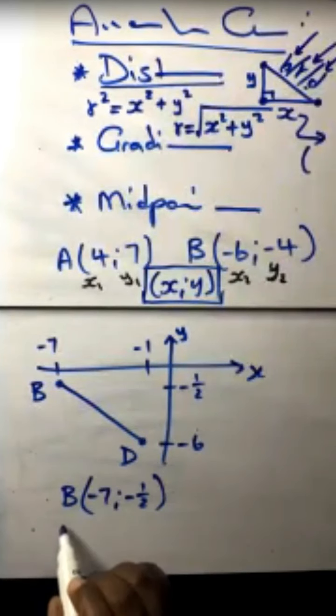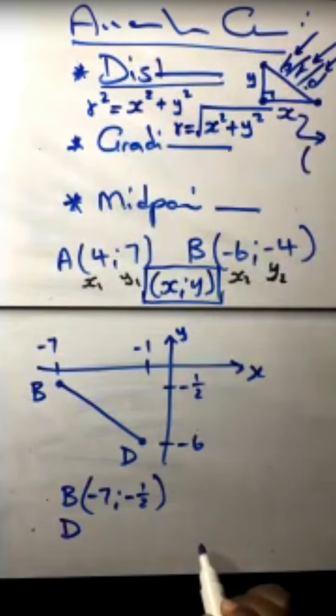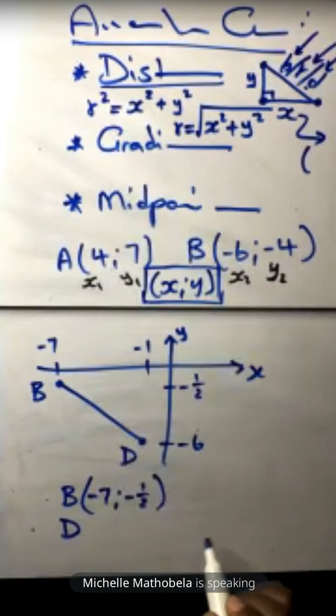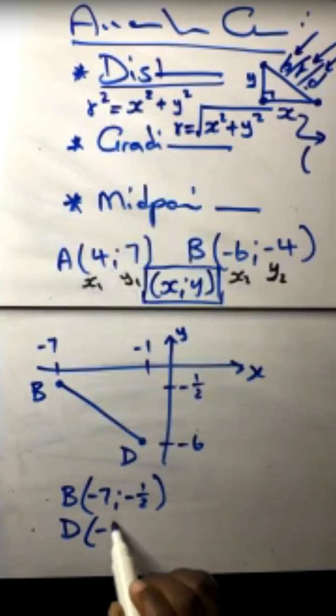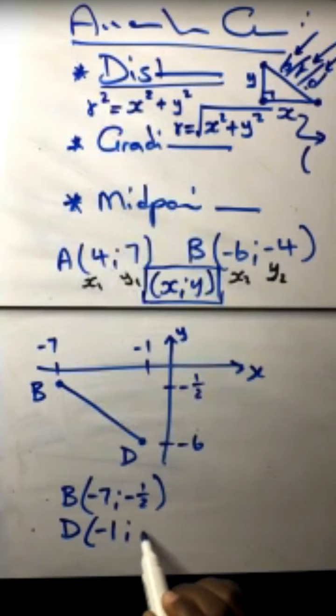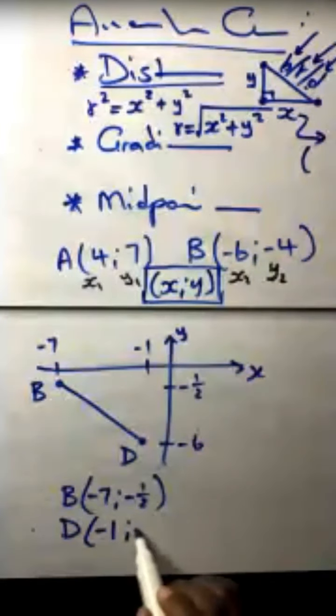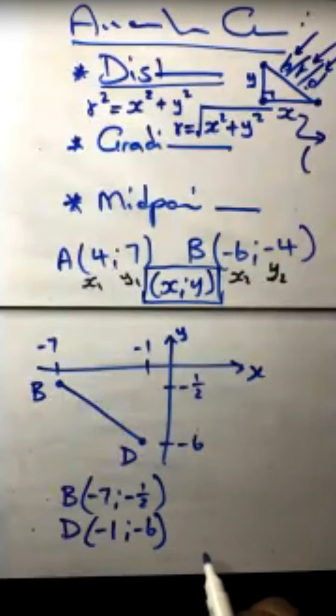Michelle, what are the coordinates of D? -1 and -6. Remember, x is -1, and y is -6. Always do it that way.